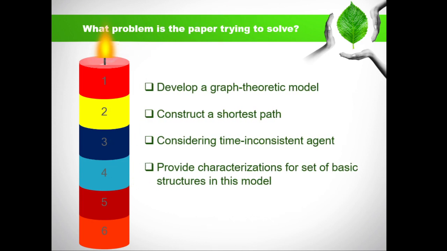This is the problem the paper is trying to solve. The paper develops a graph theoretic model in which an agent constructs a path from a start node S to a goal node T in an underlying graph G, representing a sequence of tasks. It is more like a traveling salesman problem, branch and bound, where it needs to go through all the vertices once and return to the starting vertex.